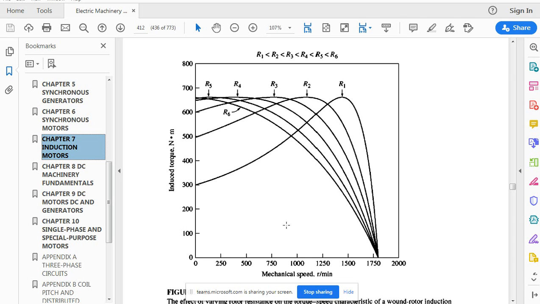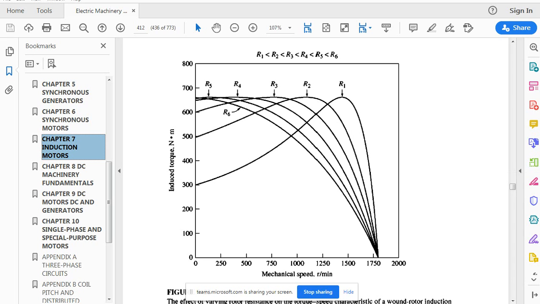You can see for supposedly 100 Newton meter torque, the speeds are different. And when speeds are different, certainly the losses happening inside the machines are different. So that's why the efficiency is also on the lower side, because you have taken the machine towards the starting more. And secondly, the resistance is increased. So certainly the power factor is going to be on the lower side for that machine.